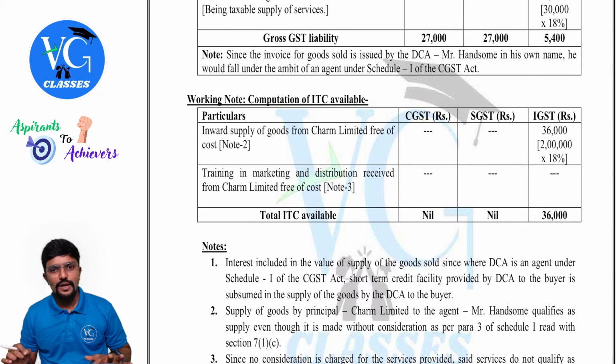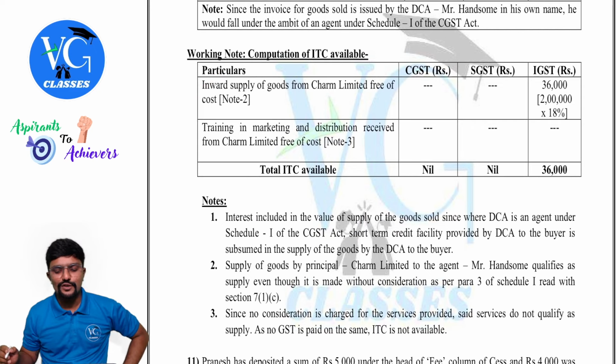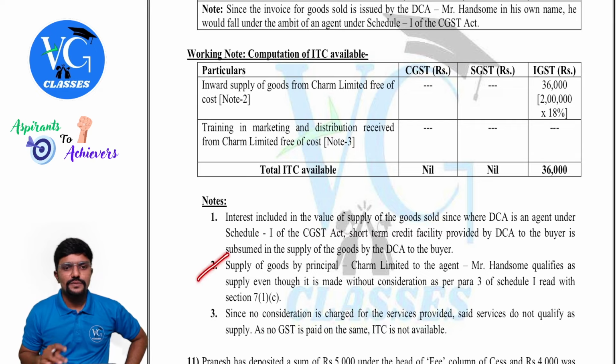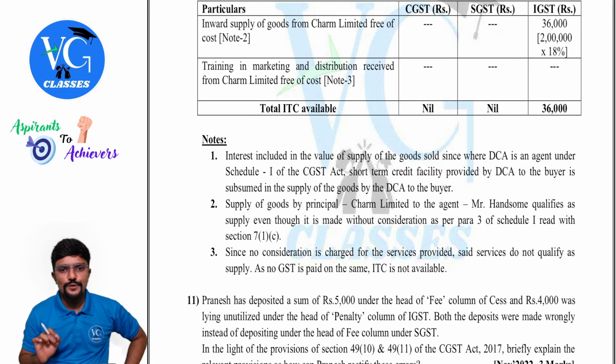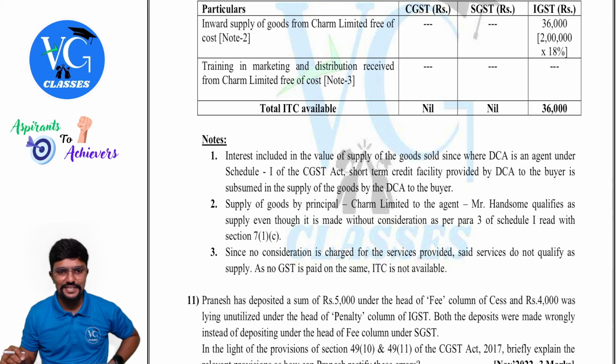ITC calculation. Inward supply of goods from Charm Limited free of cost. Is it a supply? Yes. As per para 3, you can see, supply of goods by a principal, Charm Limited, to agent Mr. Ansem qualifies as supply even though it is made without consideration, as per para 3 of Schedule 1 read with section 7(1)(c) of the CGST Act.